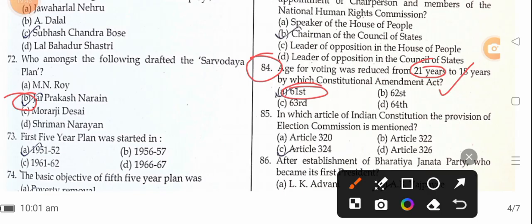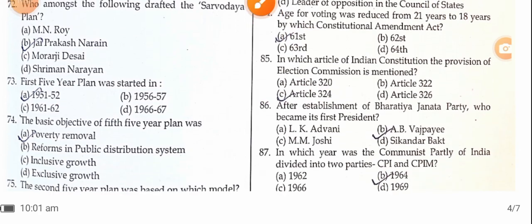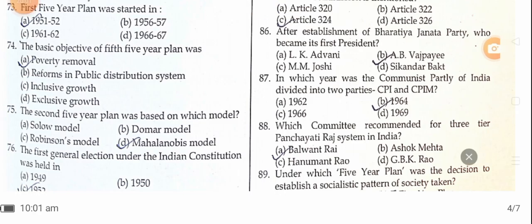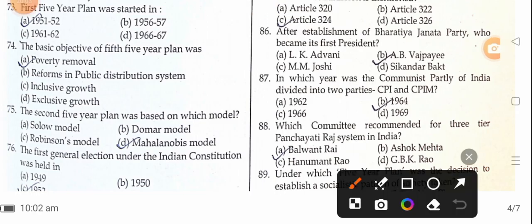The five-year plan started from 1951 to 52. In which article of the Indian Constitution is the provision of the Election Commission mentioned? Article 324. The basic objective of the fifth five-year plan was poverty removal.